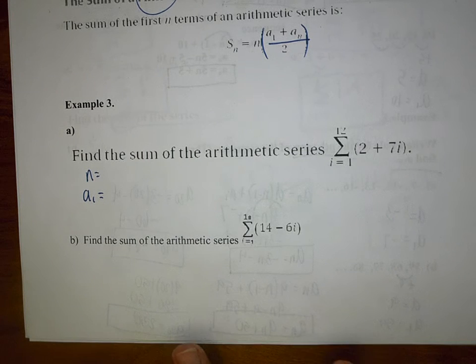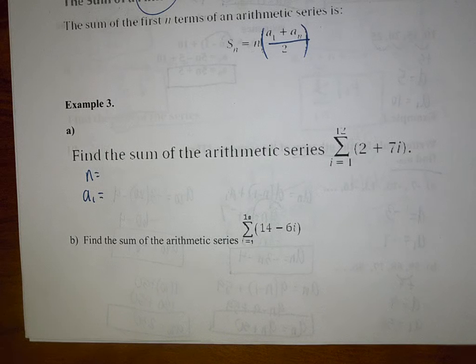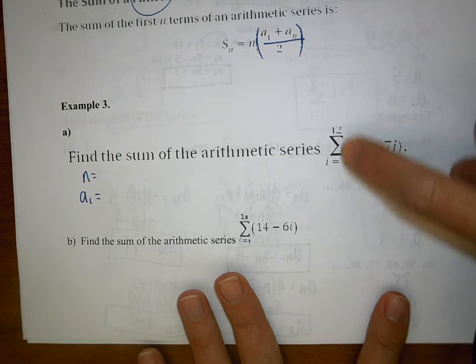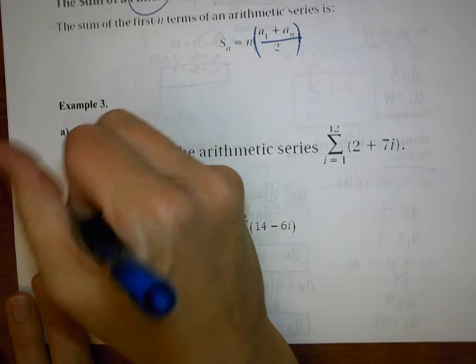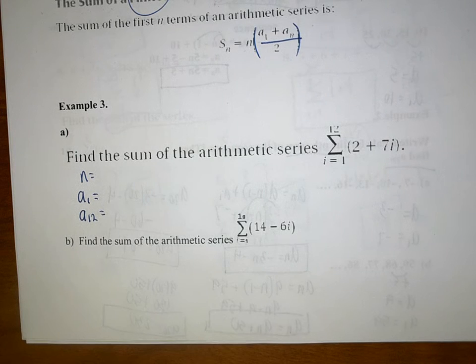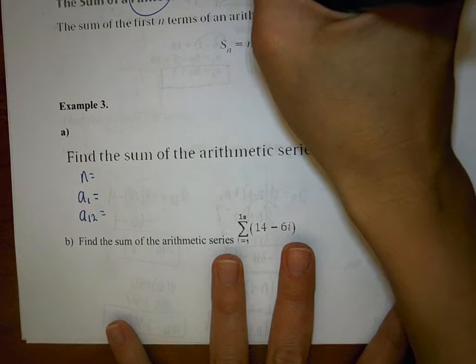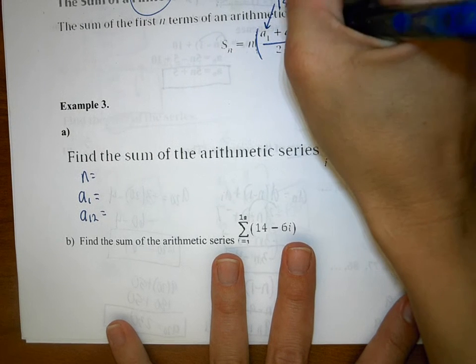Do you guys know what my last term is? These start at 1 and it's going to go all the way up to the 12th term. So that means I want to find a sub 12. In fact, I forgot, I was going to have you write this. So this is your first term. This right here will be the last term.